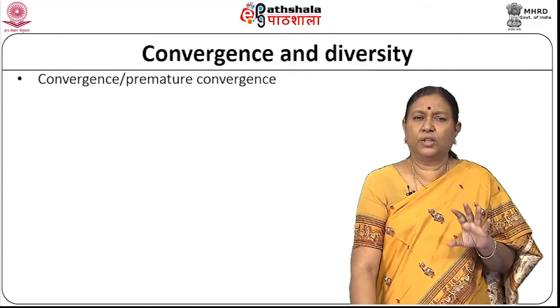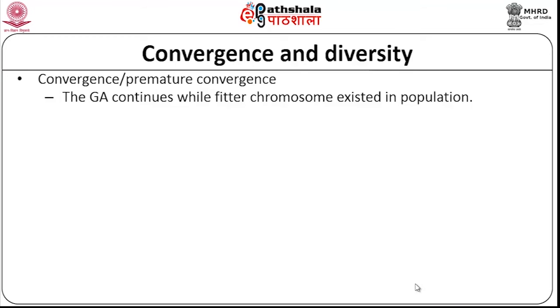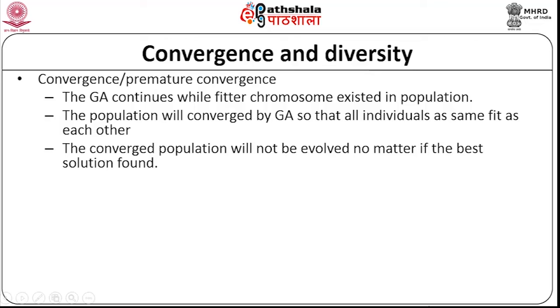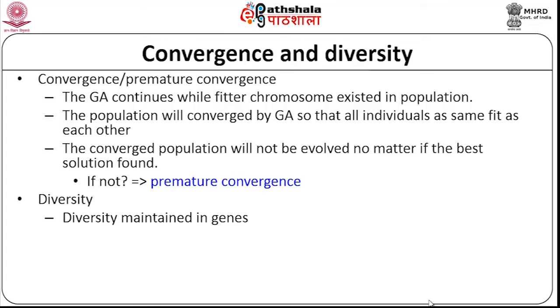Now, premature convergence: the GA continues while fitter chromosomes exist in the population. The population will be converged by the GA so that all individuals have the same fitness as each other, but a converged population will not evolve further, no matter whether the best solution is found. If the best solution is found, fine; if not, it is premature convergence.